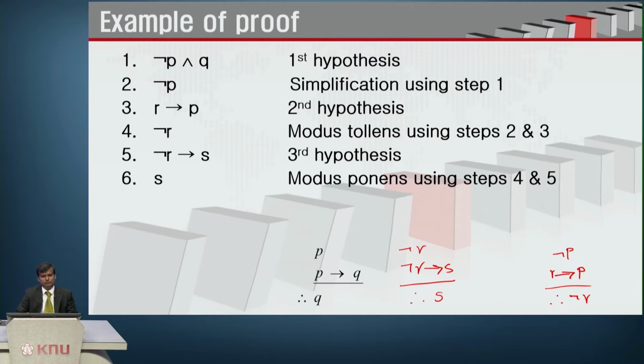Okay, now we are here in step 7, which is the fourth hypothesis, S implies T. So in 6 and 7, can you use 6 and 7 and make a conclusion? Just think for a moment and see whether you can make a conclusion.